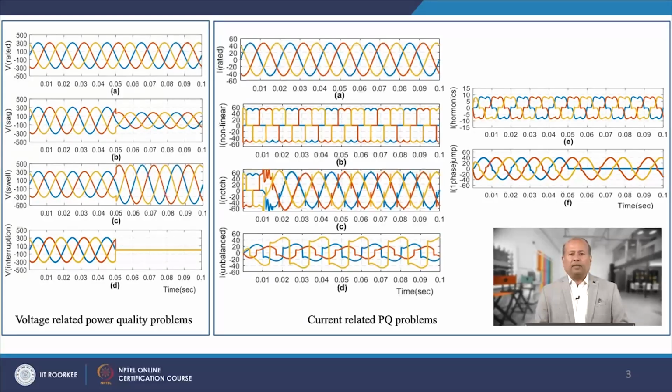On the other hand, towards the right side, the ideal sinusoidal current waveform is shown in figure A, and the current related power quality problems can be observed from figure B to F. These are captured by considering various nonlinear loads which draw different harmonic components.